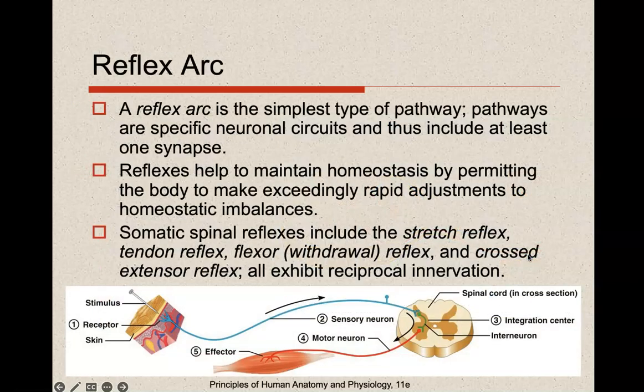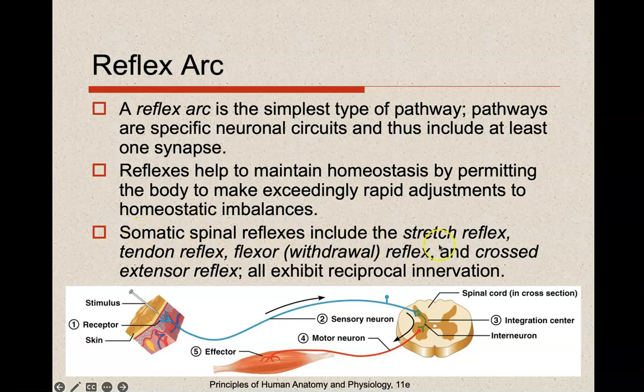Okay, now a reflex arc is our simplest type of pathway, but some of these reflexes are a little more involved than this nice, easy reflex arc. So we're going to talk about some of these more involved reflex arcs when we get to things like the crossed extensor reflex, which is actually pretty cool. So we're going to talk about some of these important spinal reflexes that are used more clinically.